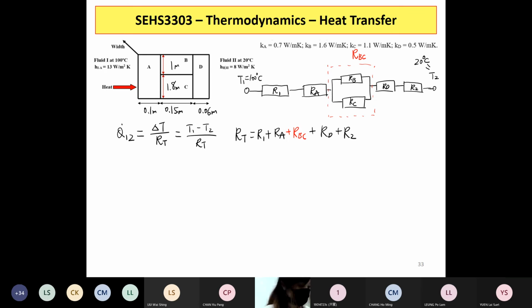So the problem now becomes that we need to calculate each thermal resistor, right? So let's begin.